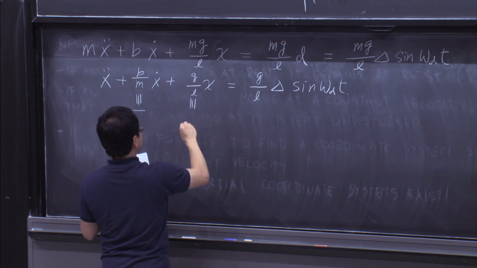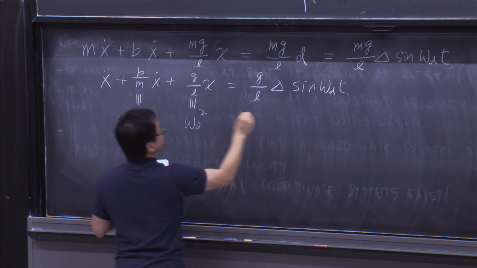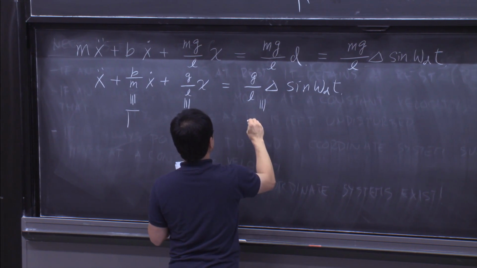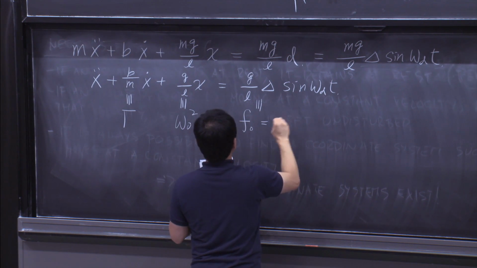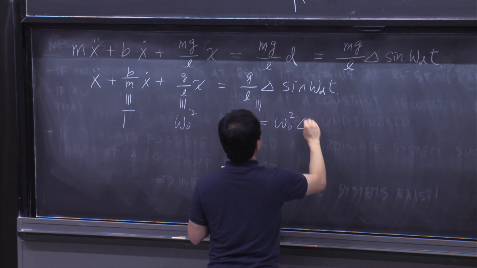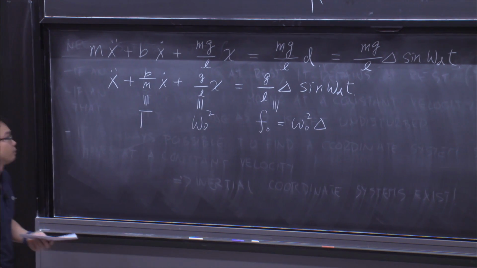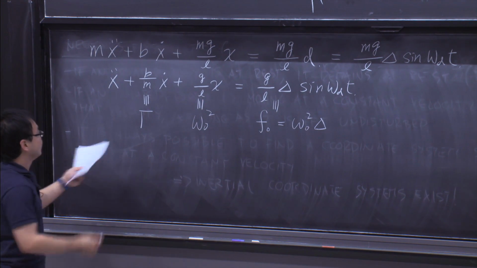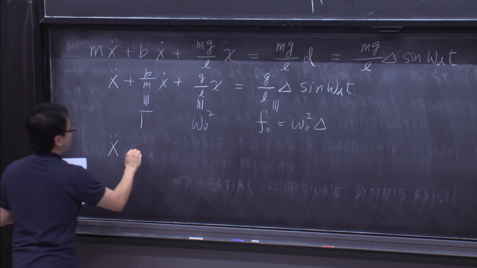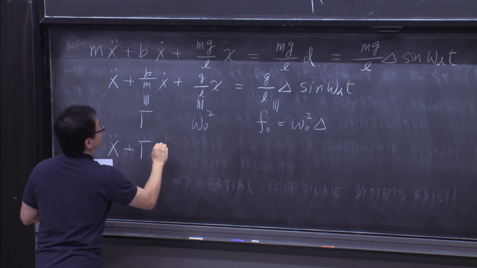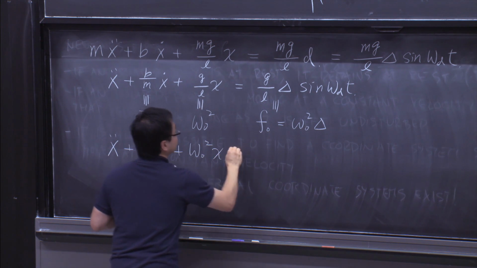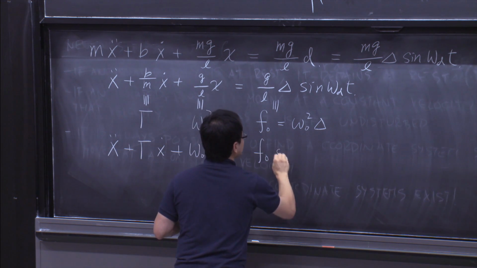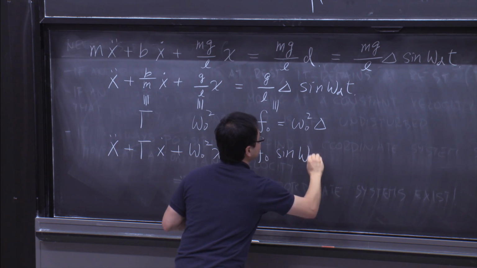I will define this to be omega_0 squared. I will define this to be f0, which is equal to omega_0 squared delta. Happen to be equal like that. And then this actually becomes x double dot plus gamma x dot plus omega_0 squared x equal to f0 sine omega_d t.